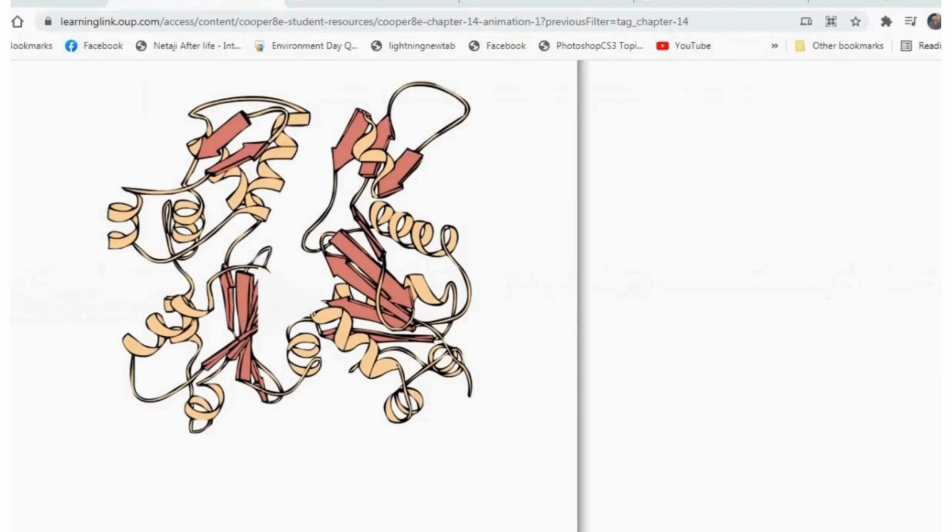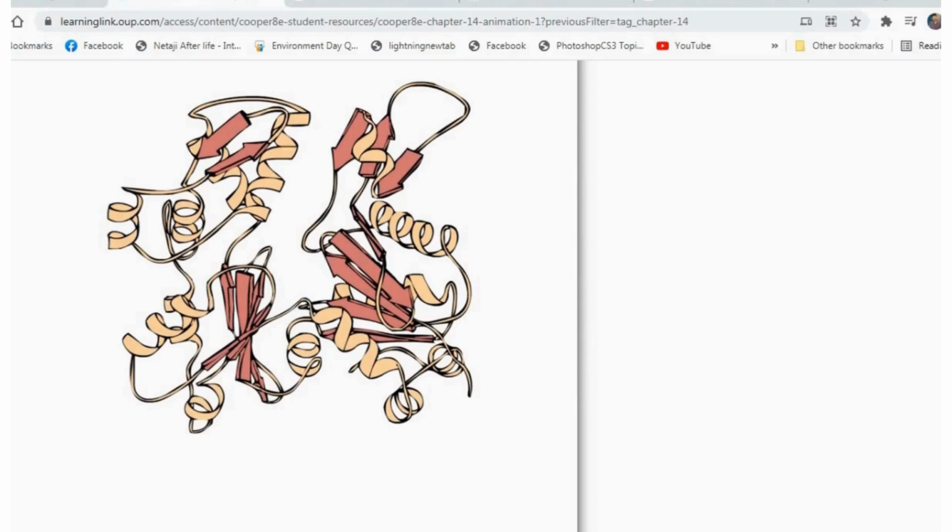The major cytoskeletal protein of most cells is actin. Individual actin molecules, also called G-actin, are globular proteins of 375 amino acids.